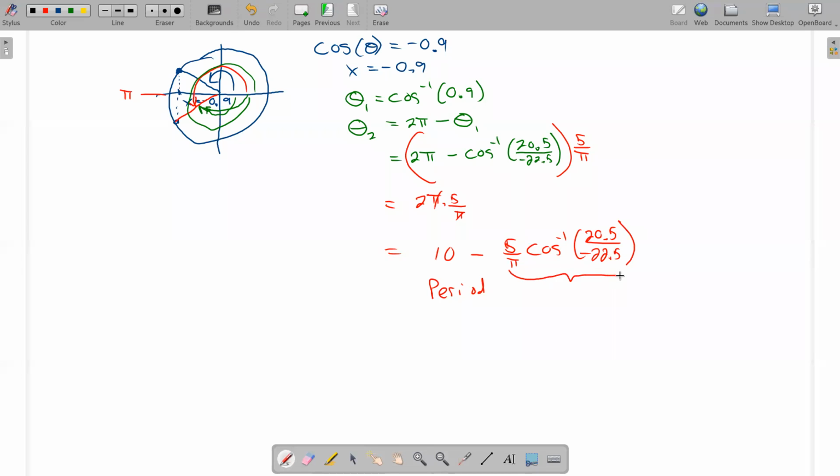And this one right here was my first solution. So another way to think about this is to take the period when we're using cosine, sine works a little bit different, and subtract the first solution. That will give you the second solution in order. We played around with those in that section on inverse functions. Those are a little bit tricky and require some thought to figure out.